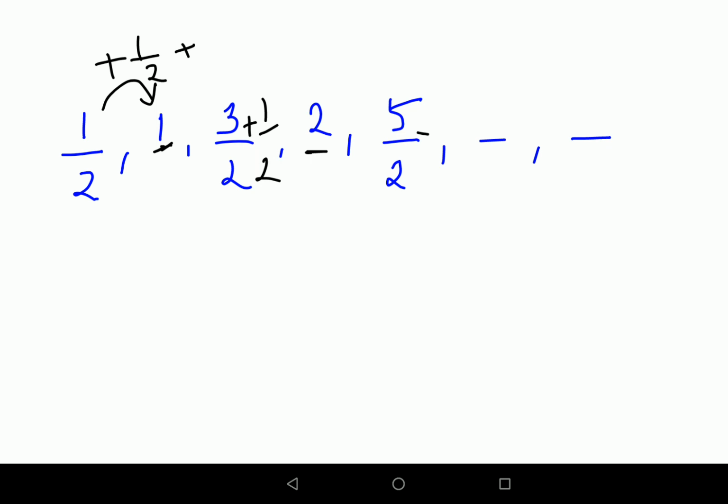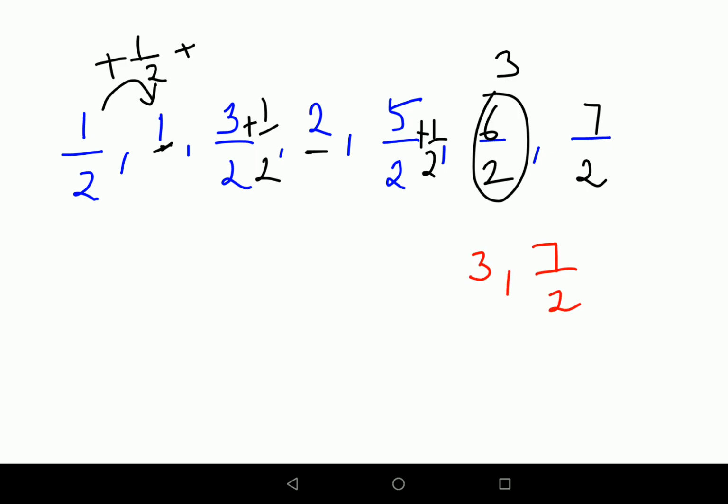So again, adding half over here, I will get 6 by 2, that gets you, actually the answer over here will be 3. And then adding half over here, that will get you 7 by 2. So the answers over here, please don't get confused. The answer will be 3 and 7 by 2, not 6 by 2. That might not be a part of your options as well.